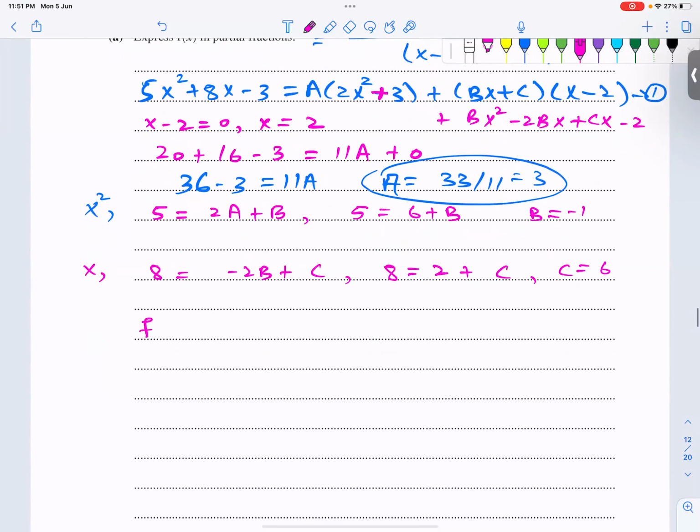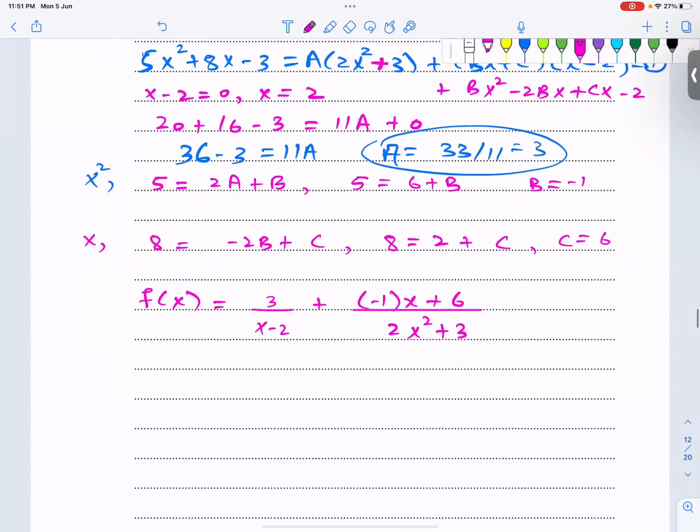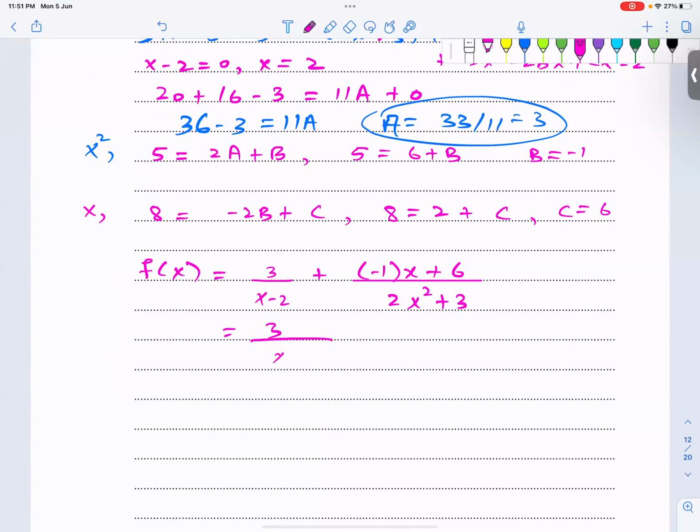So f of x will be is equals to a over x minus 2, and a is 3 over x minus 2 plus bx plus c, and b was -1 times x plus c, c was 6 over 2x square plus 3.